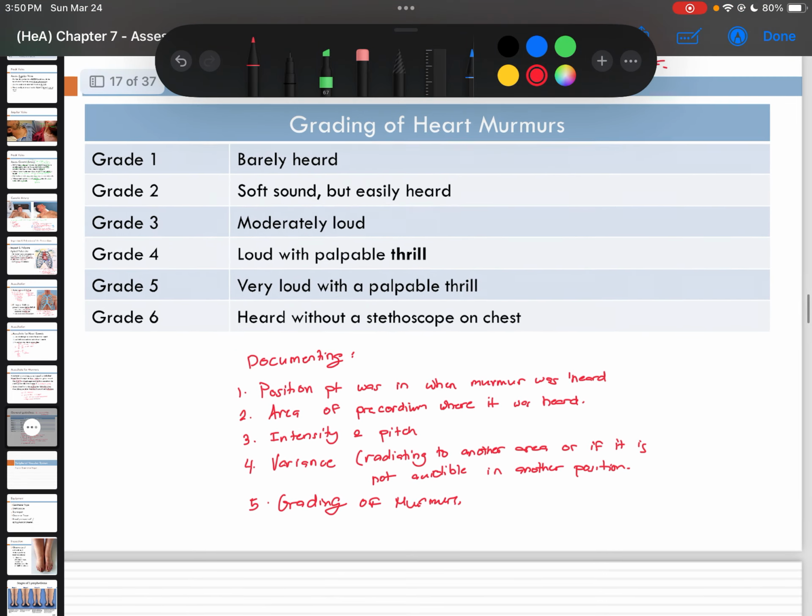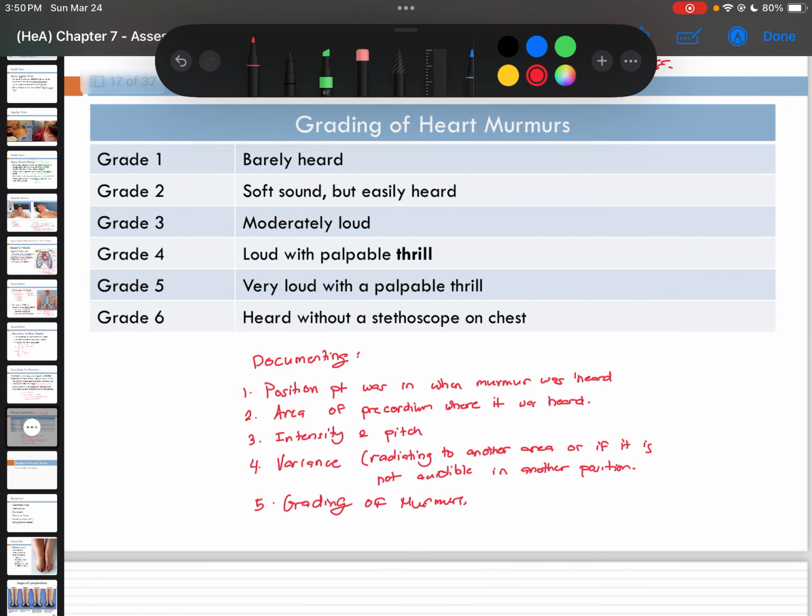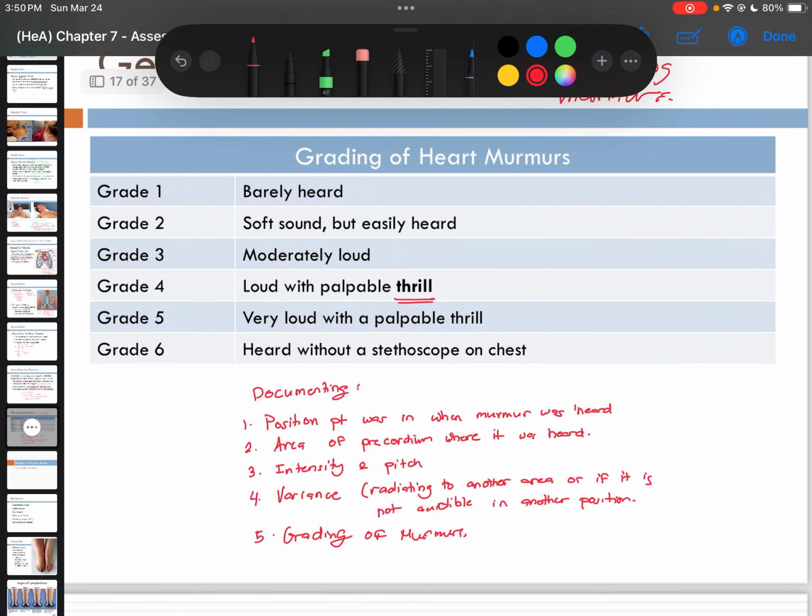Let us discuss first the grading of murmurs. Grade 1, these are murmurs that are barely heard. Grade 2, it is a soft sound but easily heard. Grade 3, moderately loud. Grade 4, loud with a palpable thrill. Remember, for grades 1 to 4, you will still need to auscultate. Grade 5, very loud with a palpable thrill.